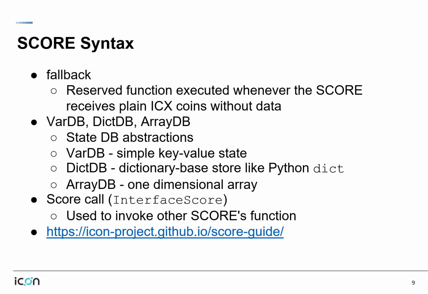When you want to invoke other SCOREs' external functions within a SCORE code, you should use an interface SCORE. I'm going to explain this by example in the next slides. For more information, you can refer to the developer guide document page.